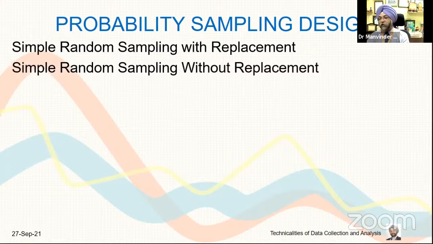What is the difference between these two? Suppose there are 100 people. If you have already asked one person, the remaining are 99 now. So the probability of selection of the remaining people increases.